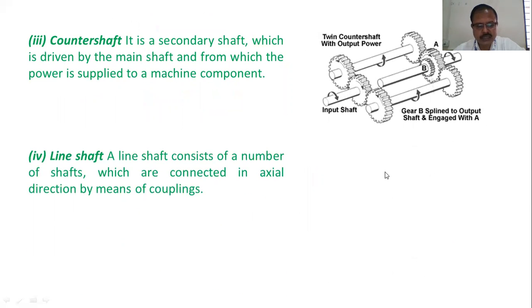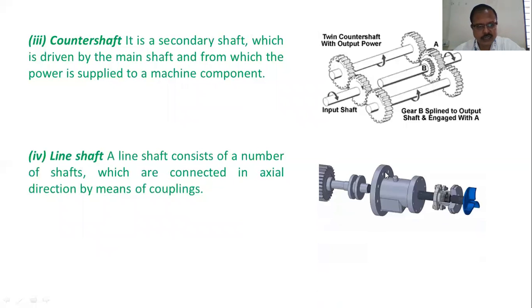A shaft can be a line shaft. Line shafts are nothing but N number of shafts connected in axial direction by means of couplings. So when we have to transmit power simultaneously to different machine tools, then we use a line shaft.